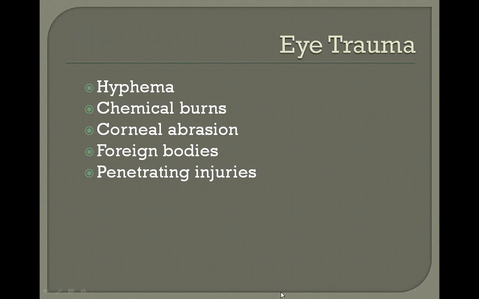And so with penetrating injuries, when the eye is lacerated or has a puncture wound, inspection of the underlying eye tissue is going to be done by the physician to see if there is possible damage. And it makes sense that if the person has a gunshot wound, they are going to have damage.